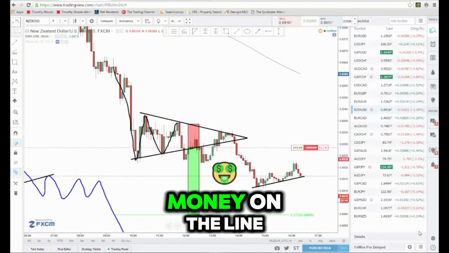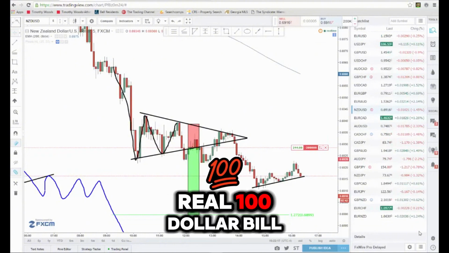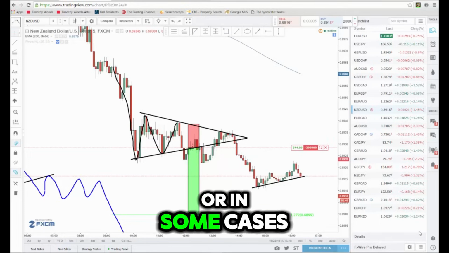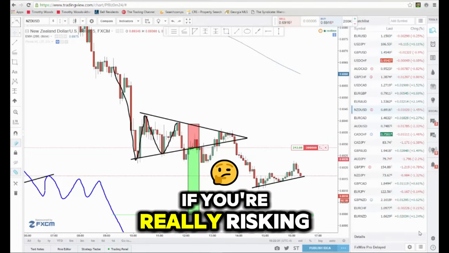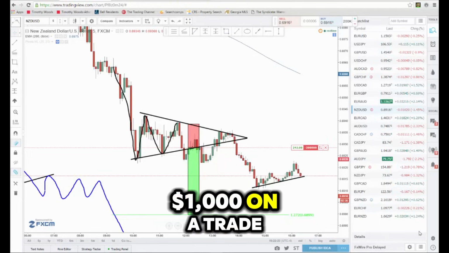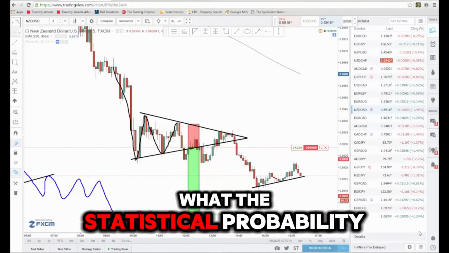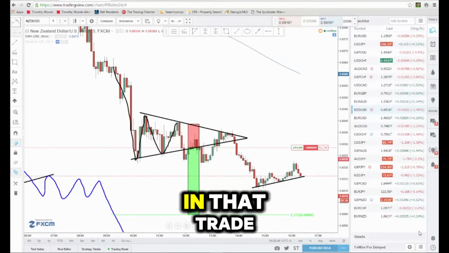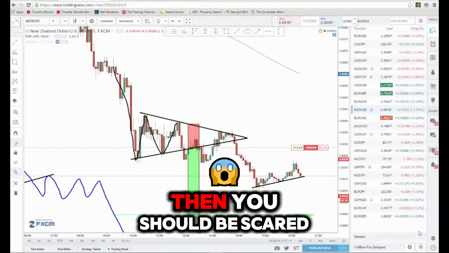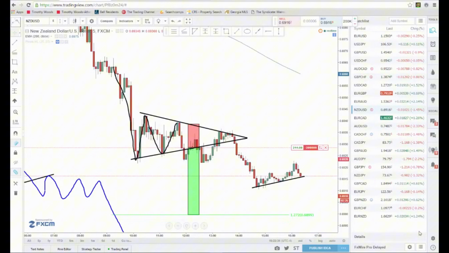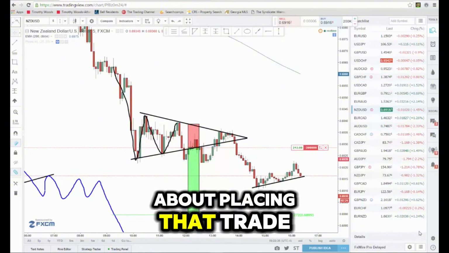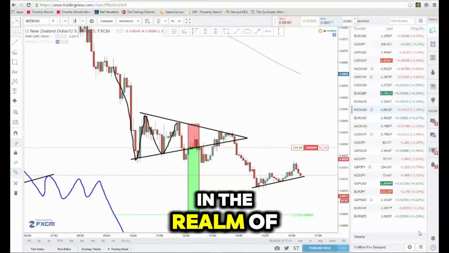If you have real money on the line, if you're risking a real $100 bill, or in some cases if you have a larger account, if you're really risking $1,000 on a trade, and you have no idea what the statistical probability of being right is in that trade, then you should be scared. You should be worried about placing that trade, because you are living in the realm of the unknown.